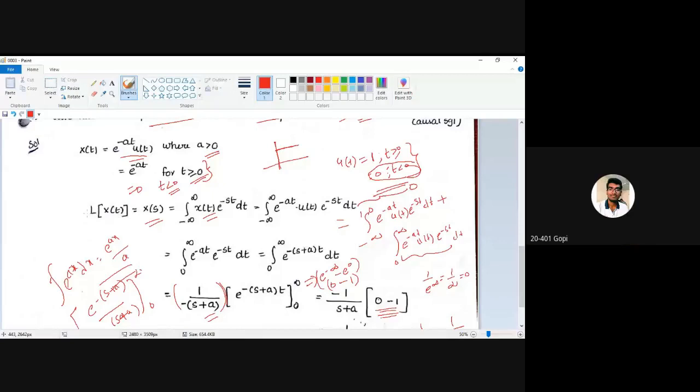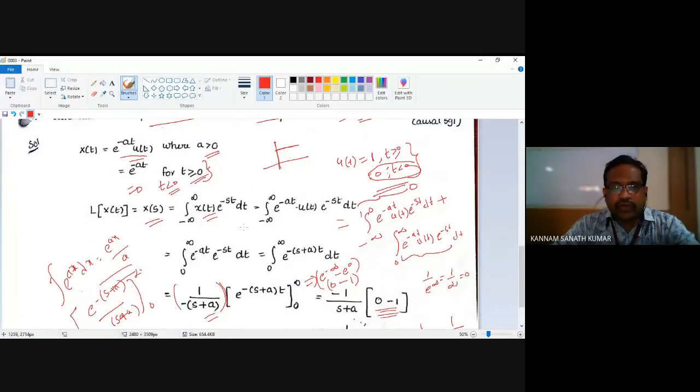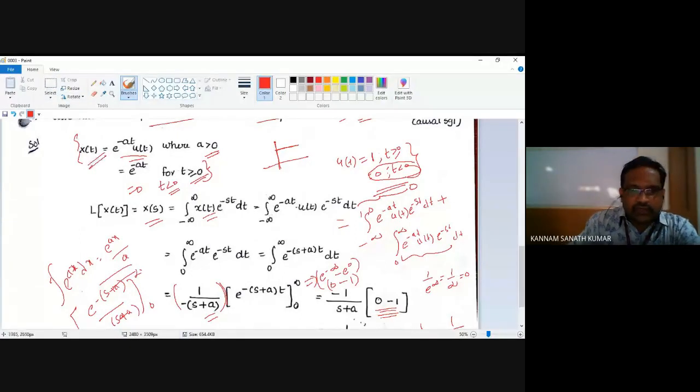You just substitute whatever signal is given into this equation. Based on the step signal property, from minus infinity to 0 it is anyway 0, so you calculate from 0 to infinity.